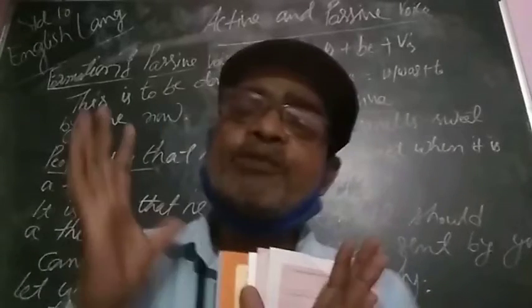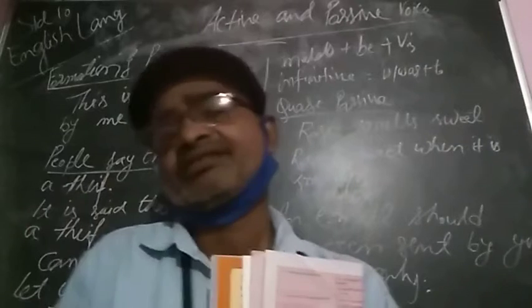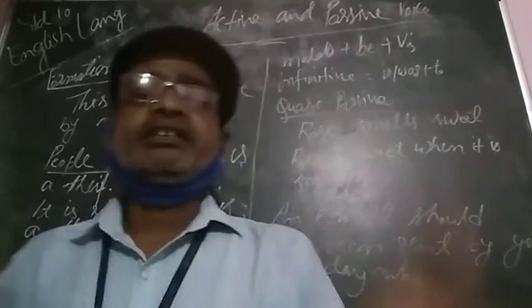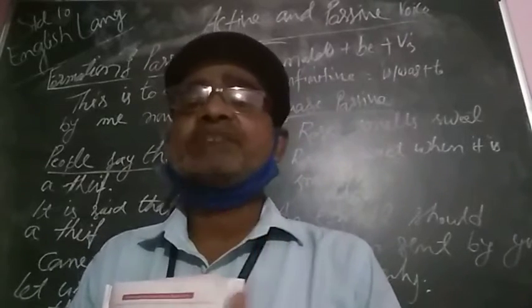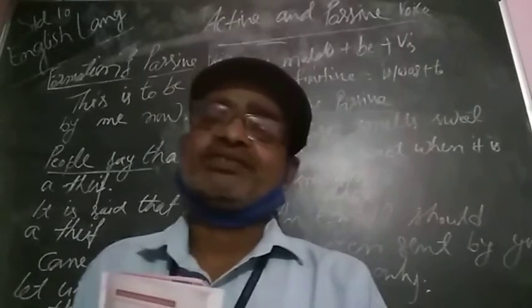This is all we have already done in class 9. So you are well acquainted with. Okay? See here, as example I gave you, he plants a tree every month. So a tree is planted by him every month.